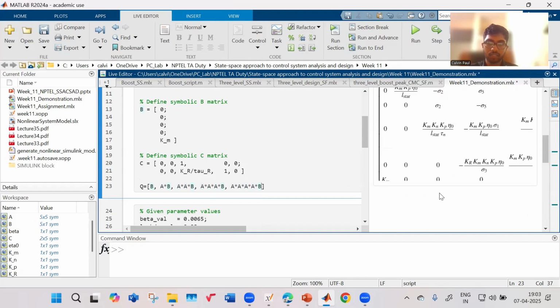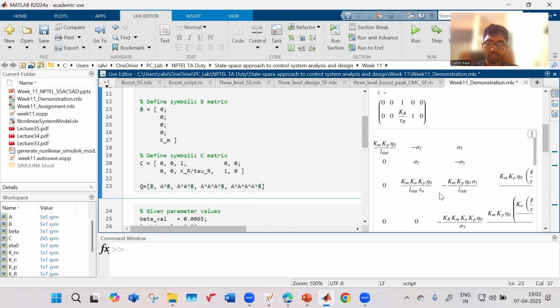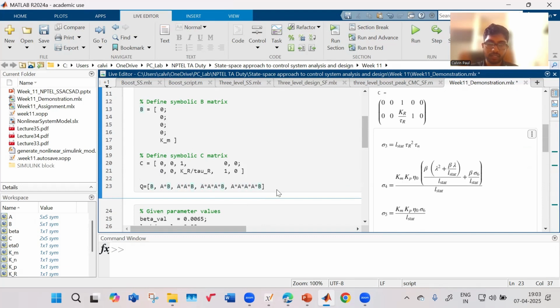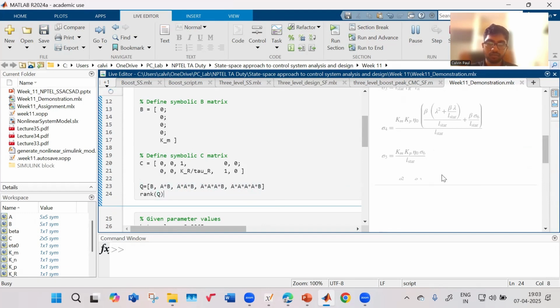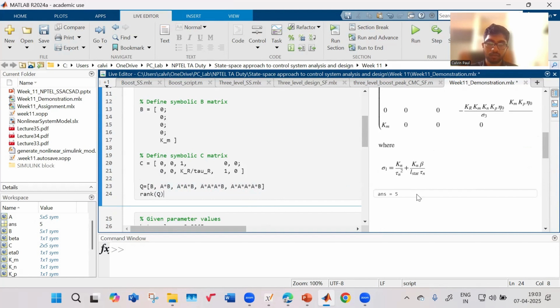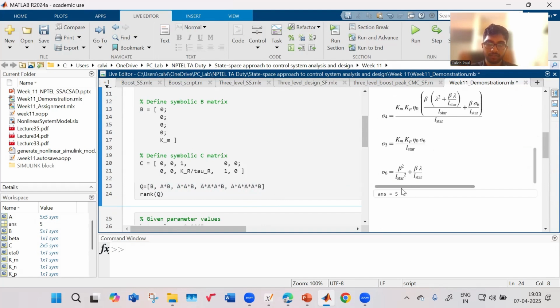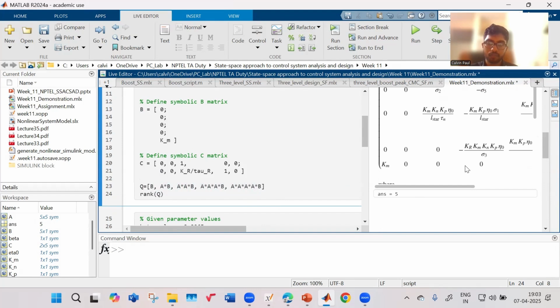This is the overall large Q matrix. Let's find the rank of Q. It comes out to be 5. So it is controllable.